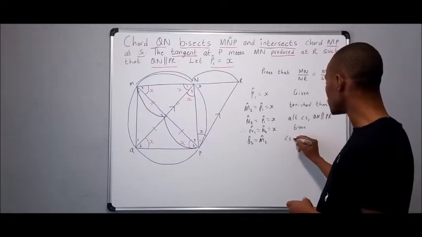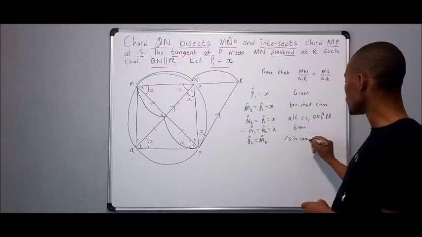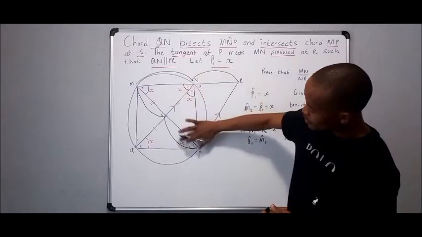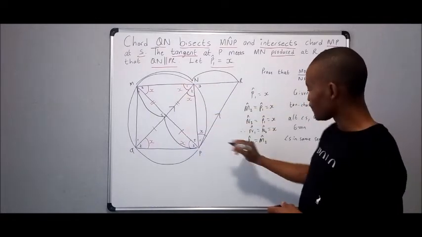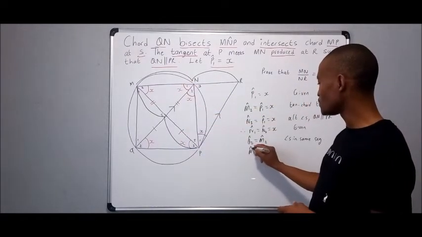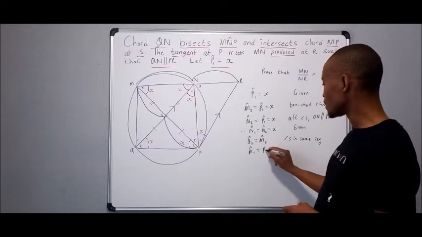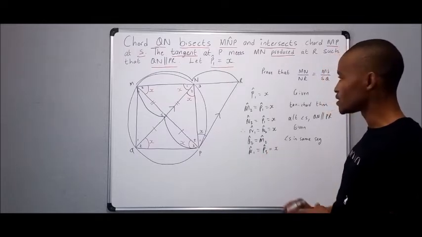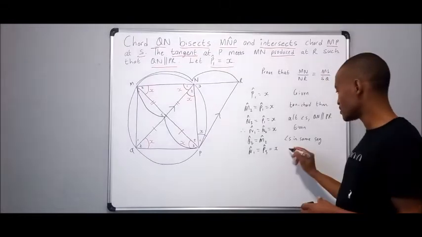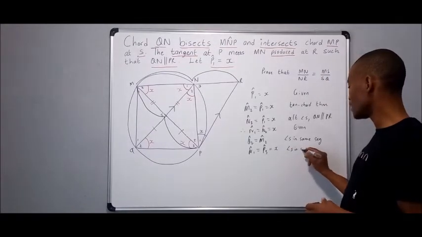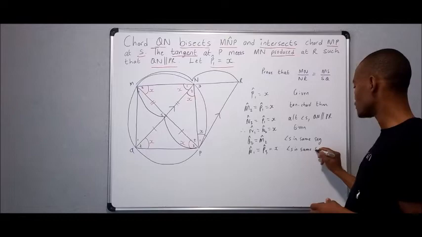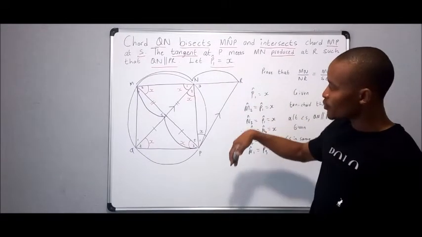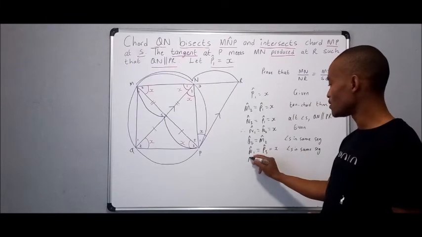Again, N1 is equal to angle P3, which is equal to X, angles in the same segment. And then we can now bring in our proportionality.